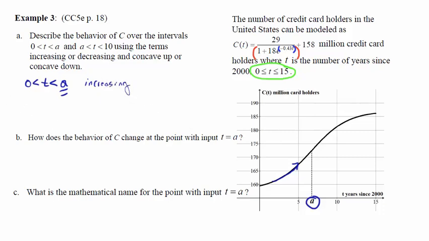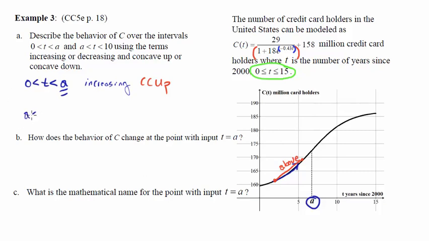Okay, now if I take 2 points and connect them in this interval, that is above my curve, so we are concave up. Okay, so let's see if we can do the same thing from our next interval.